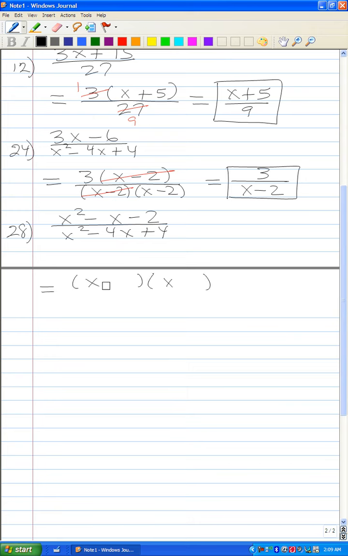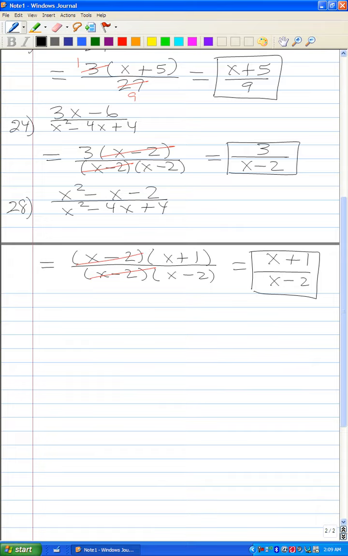So I'll bring down the minus times minus is plus. I want two whole numbers whose product is 2 and whose difference is 1. So 2 and 1. Again, this is a perfect square trinomial. And so it factors into, well, x minus 2 times x minus 2. I can cancel the x minus 2's. So what remains is x plus 1 over x minus 2.